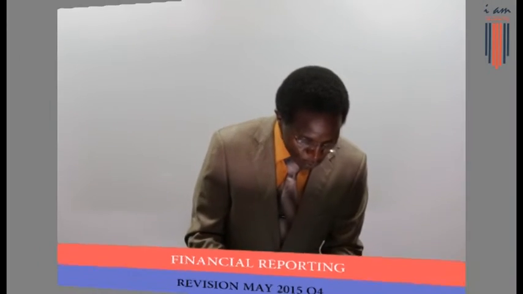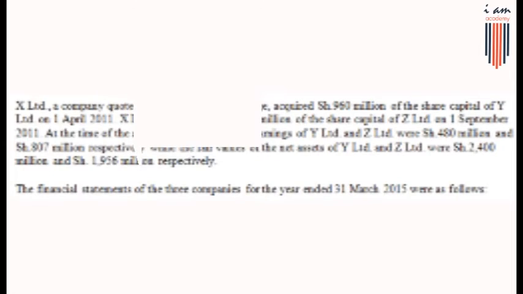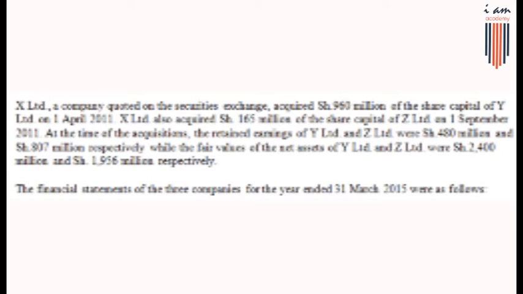Now, in question 4, we are saying, X Limited, a company quoted on the Securities Exchange, acquired 960 million of the share capital of Y Limited on 1st April 2011. X Limited also acquired 165 million shillings of the share capital of Z Limited.